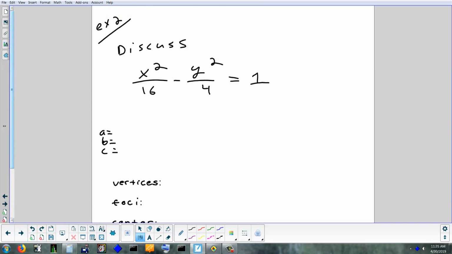Out of the A, B, and C, you see one of those I could figure out? C is the only one we can't. We can't do C yet. We're going to do C, but we need A and B first. What number there tells you something about A?